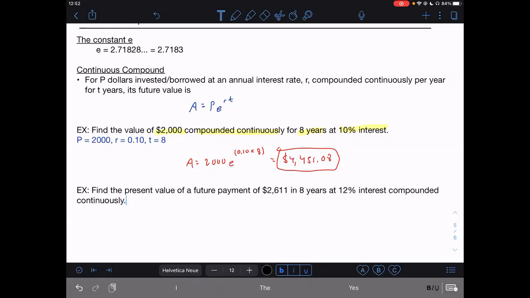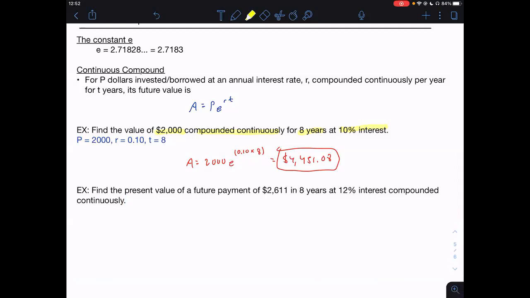Okay, so here we want to find the present value of a future payment of this amount in 8 years at a 12% interest that's compounded continuously.